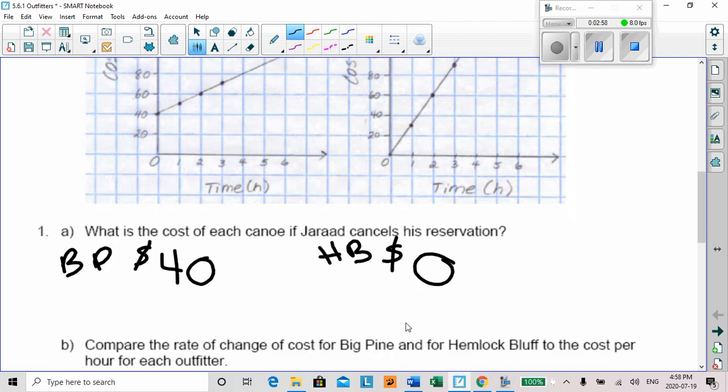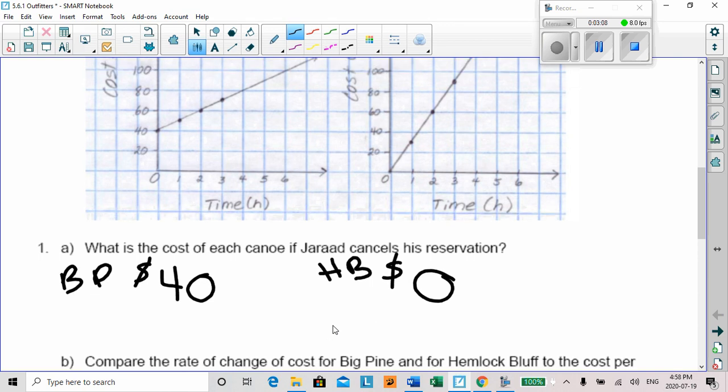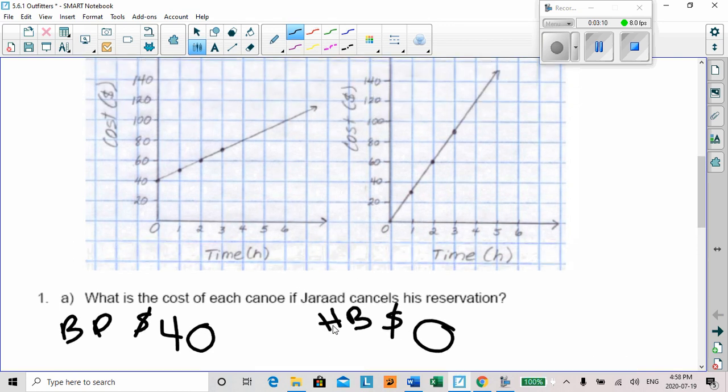Compare the rate of change of cost for Big Pine and for Hemlock Bluff to the cost per hour for each outfitter. So let's go back up here and review how to calculate rate of change. So remember, we have to take 2 points on the graph and make a rate triangle.